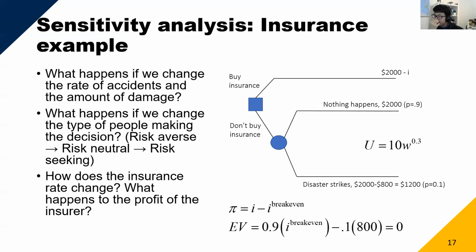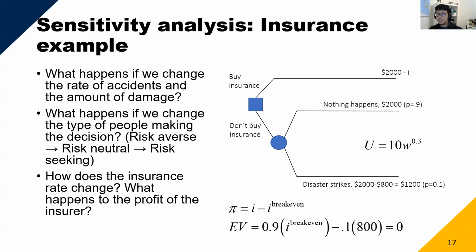Okay, we can do the same thing looking at that insurance example, which was the final example from last class. So this was the whole thing about whether or not you should buy insurance or not buy insurance, right? If you buy insurance, then your expected value is 2,000 minus what you pay for insurance.